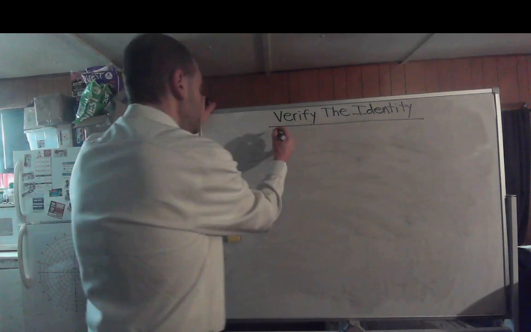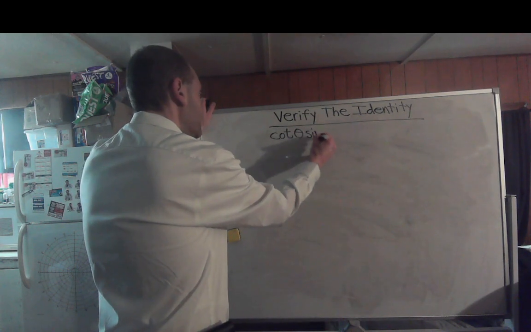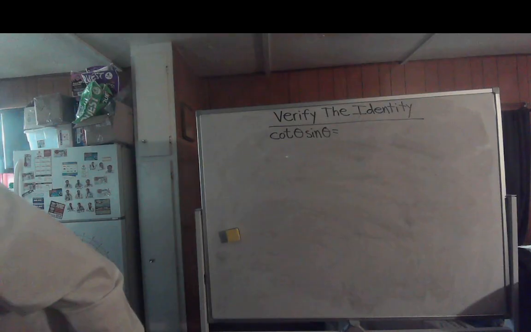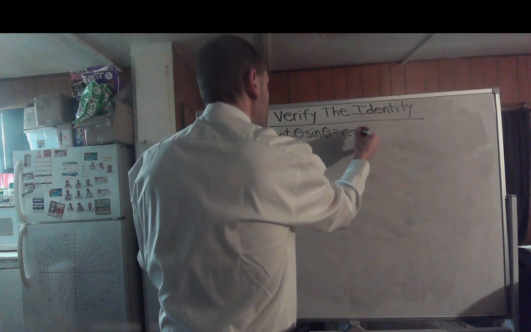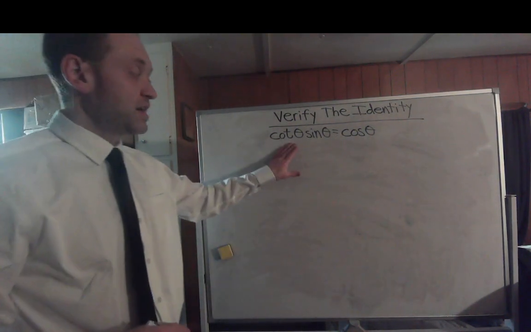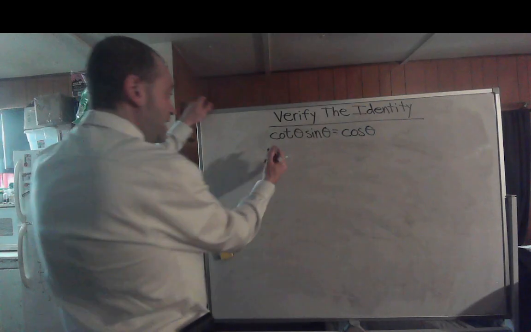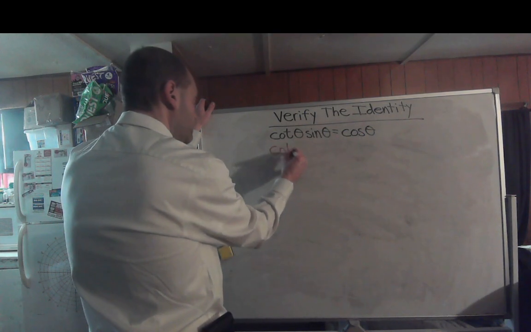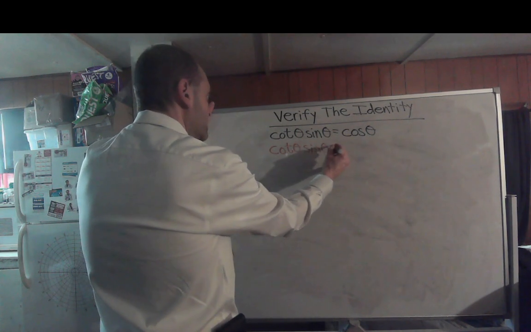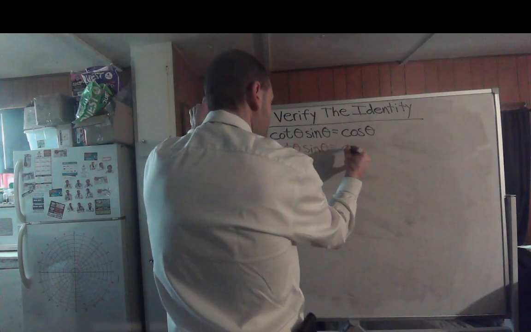All right, let's see. Cotangent of theta sine of theta equals cosine of theta. So we want to prove that the cotangent of theta sine of theta equals the cosine of theta. Well, let's write out the left-hand side again. So that's going to give you the cotangent of theta sine of theta is equal to, okay, so what's the cotangent? That's always the cosine over the sine, right?